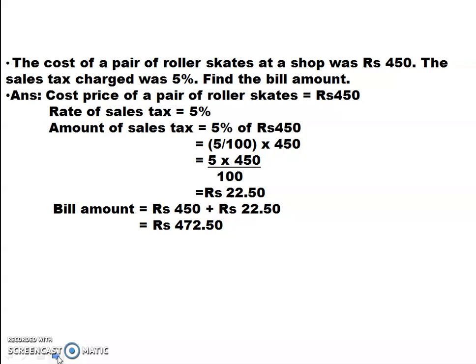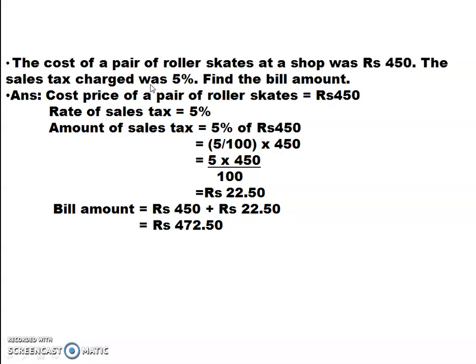The cost of a pair of roller skates at a shop was rupees 450. The sales tax charged was 5%. Find the bill amount. So the cost price of the roller skates is rupees 450.